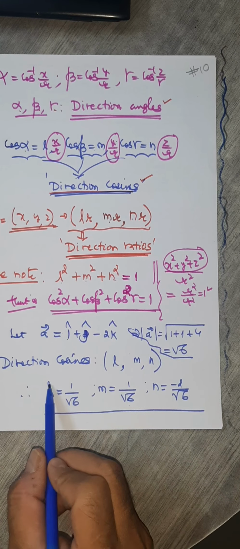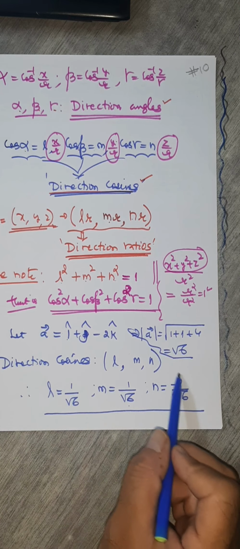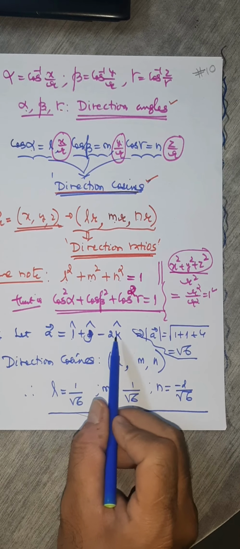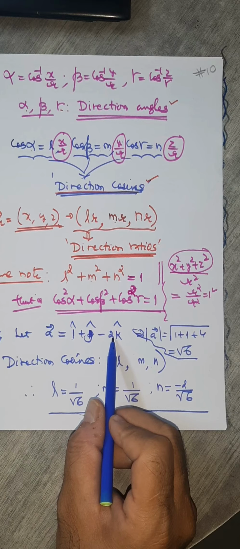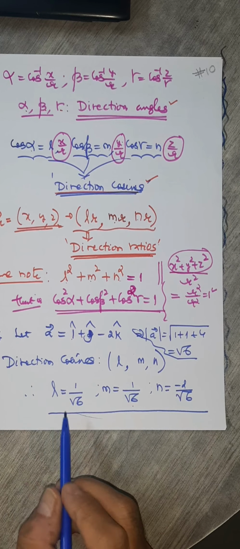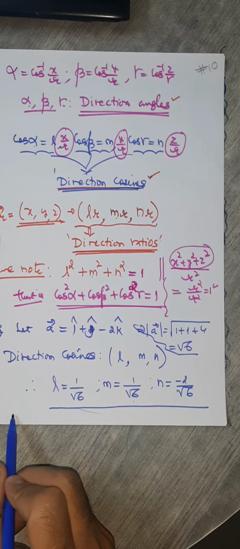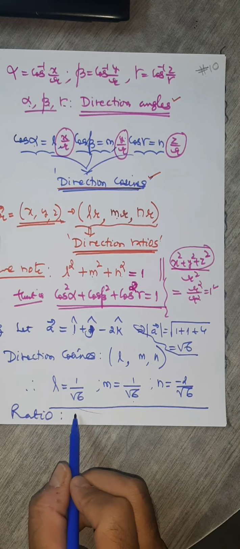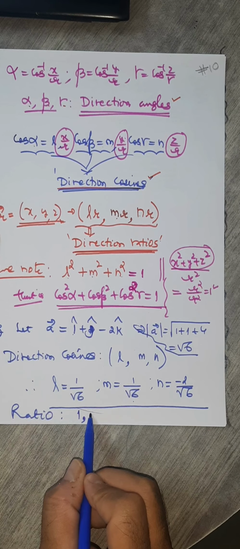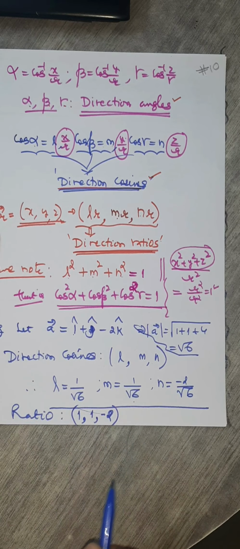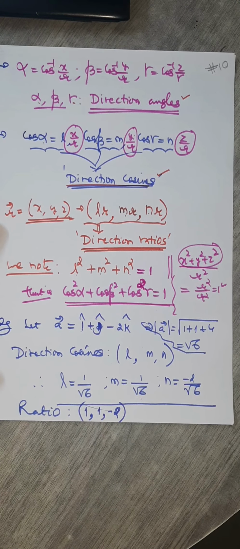You can verify that l square plus m square plus n square is exactly 1. And 1, 1, minus 2 are the direction ratios, remember.